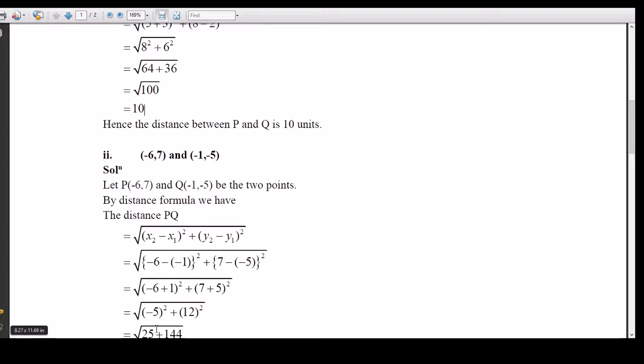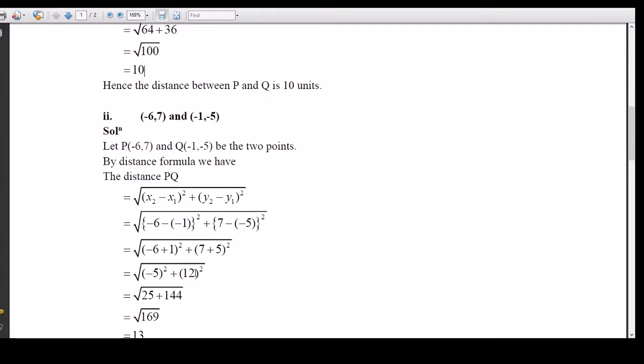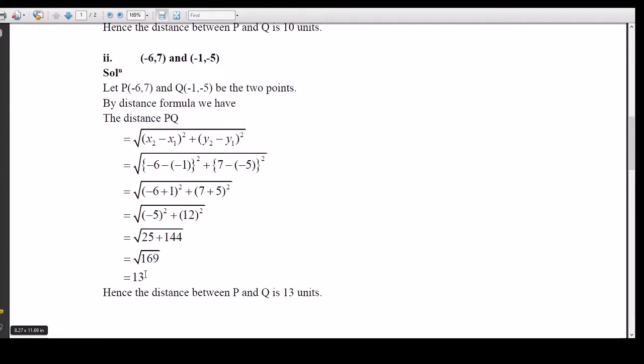You will have 25 plus 144. Why? Because 12 squared is 144. Now 25 plus 144 is how much? 169. Now the square root of 169 is 13. Why is the square root of 169 13? Because 13 squared, 13 multiplied by 13, is 169. Therefore the square root of 169 will give you 13.